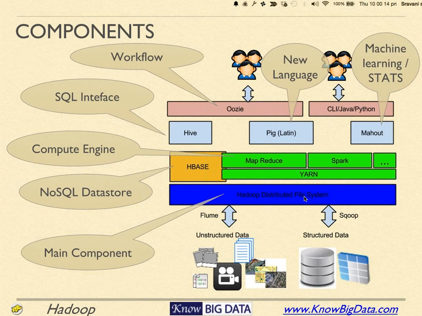To you, HDFS will look like a C colon or D colon, a single file system in which you can store as much data as you wish, as much as can fit into your whole cluster. So that is the main component called Hadoop distributed file system. If we have some time today, we will start HDFS.